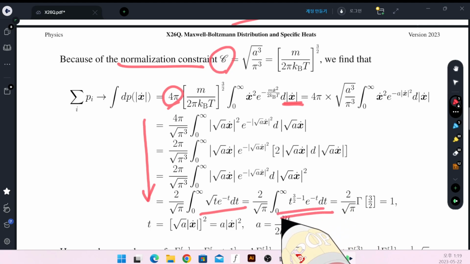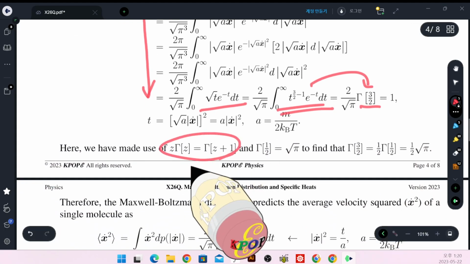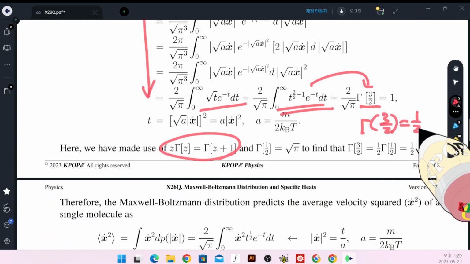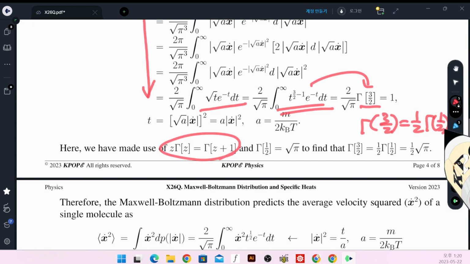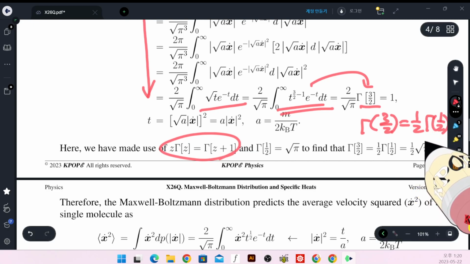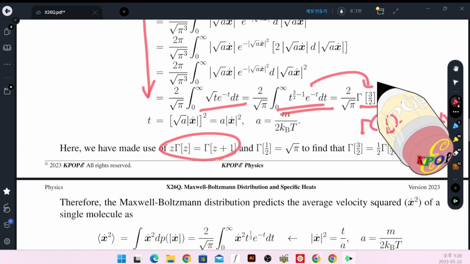And this is the parametrization we have developed for the gamma function, identical to the definition of the gamma function. We know the gamma function has a special property, so gamma 3/2 should be 1/2 multiplied by gamma 1/2, and gamma 1/2 is identical to the Gaussian integral, which is the square root of pi. Therefore, this is 1/2 of the square root of pi that cancels this overall factor to find unity, as expected.